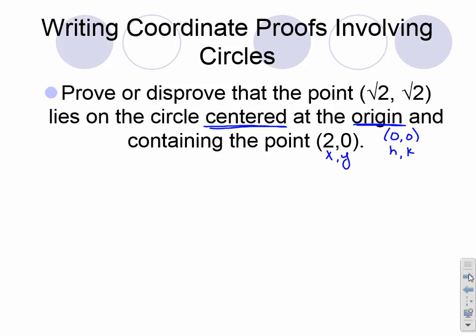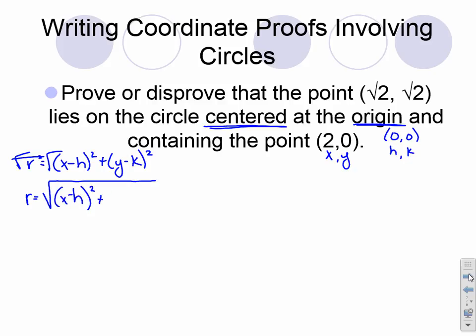So we have r squared is equal to x minus h squared plus y minus k squared. Well, if I want to get r by itself in this formula, I'm going to square root both sides. Okay, that gets rid of that. So now I have the square root of x minus h squared plus y minus k squared.